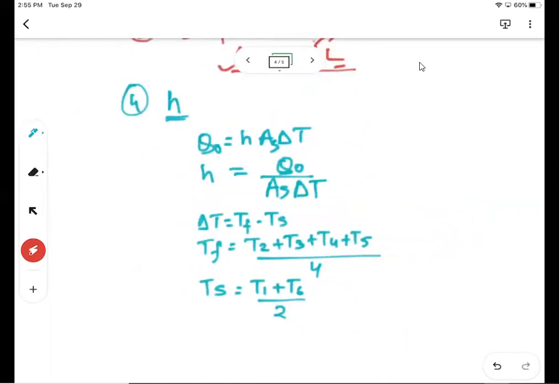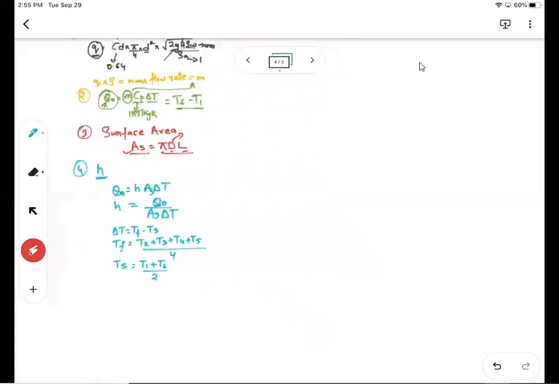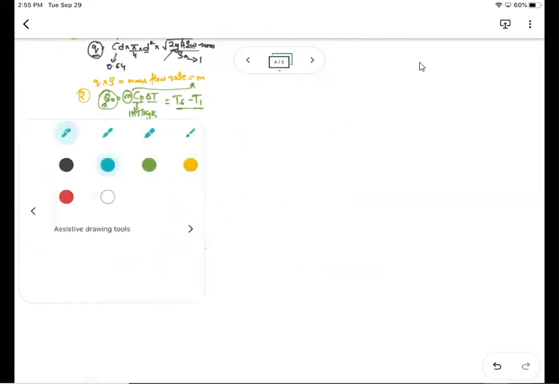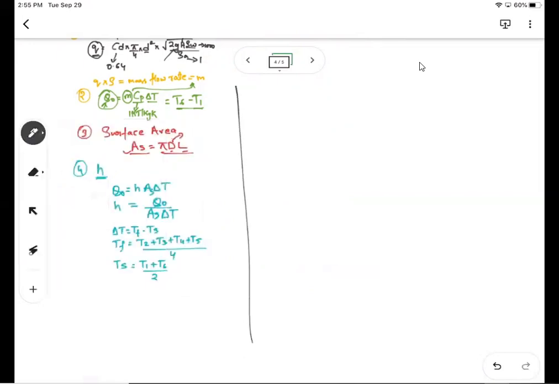You substitute the value over here and you finally get the value of h from this formula. Now once you have h, area, and Q, we need to find the value of Reynolds number, Nusselt number, and Prandtl number.